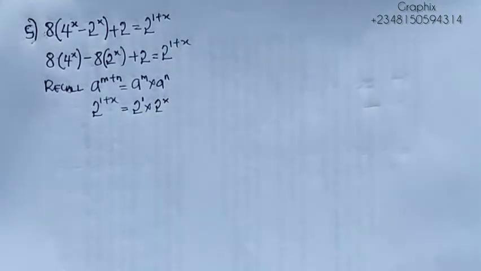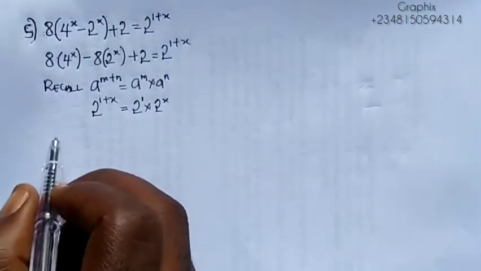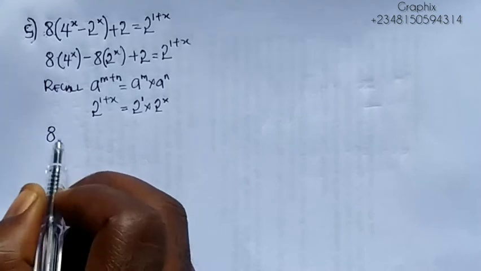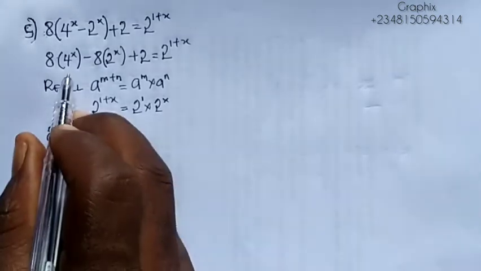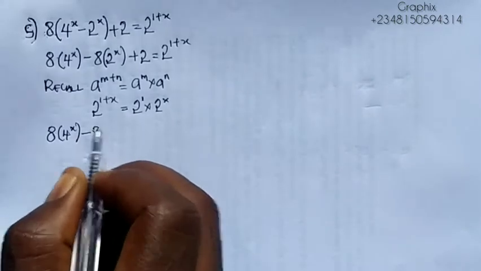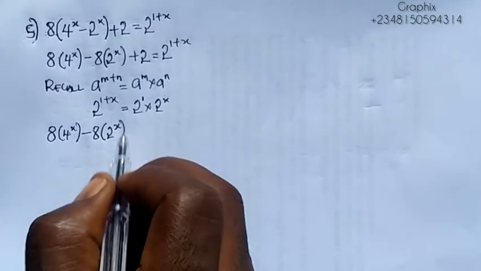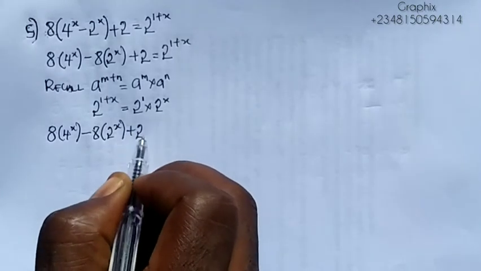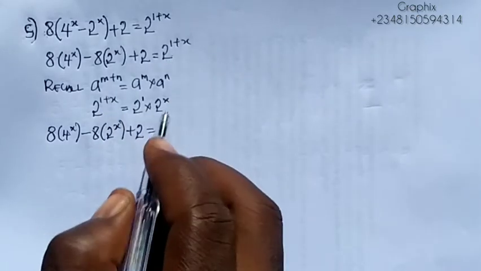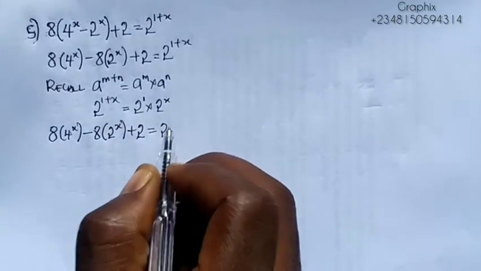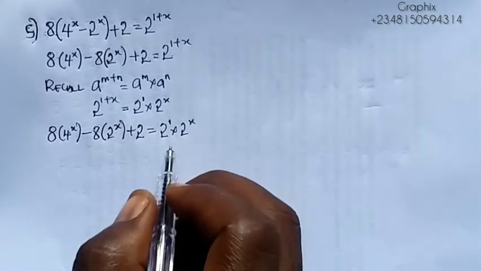So from here, I can write this to be 8 times 4 to the power of x, minus 8 times 2 to the power of x, plus 2 is equal to, instead of me writing this, I write this: 2 to the power of 1 times 2 to the power of x.